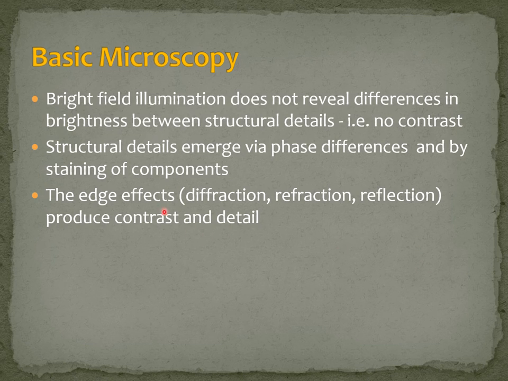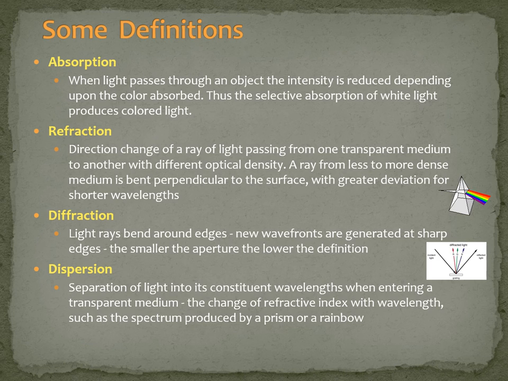But the main effects that we used of the light, so diffraction, refraction, reflection, can actually produce quite a good level of contrast and detail in our samples. So furthermore, we should have a good notion of all these characteristics of light.